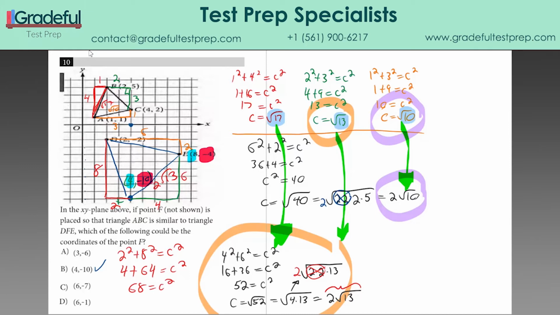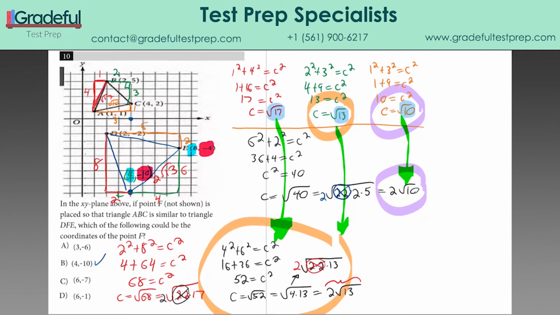And 68, we're going to go ahead and take the square root of that. And 68, surprisingly, is 2 times 2 times 17. So like we've been doing, we'll take out a group of 2 and put it here, and that gives us 2 root 17 for that distance. And that's exactly what we had in mind, because the 2 root 17 continues the trend.